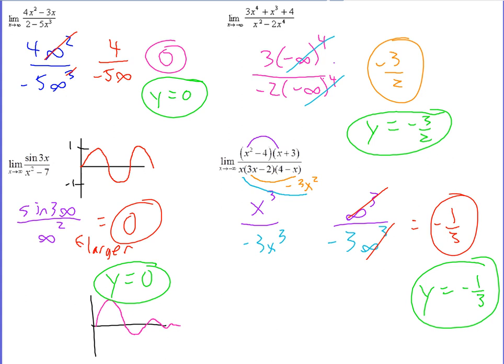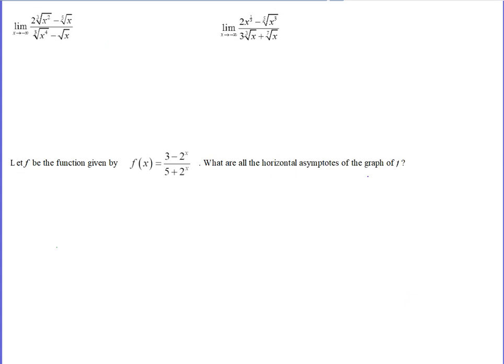All right, let's look at a few more here. Let's look at one with some radicals. So this one, as x approaches negative infinity. Again, with radicals and negative infinity, you have to be careful. Notice we've got an odd root of 3, odd root of 5, odd root of 3. Those are all fine. However, right here we've got a square root, and you can't have a negative inside the square root.